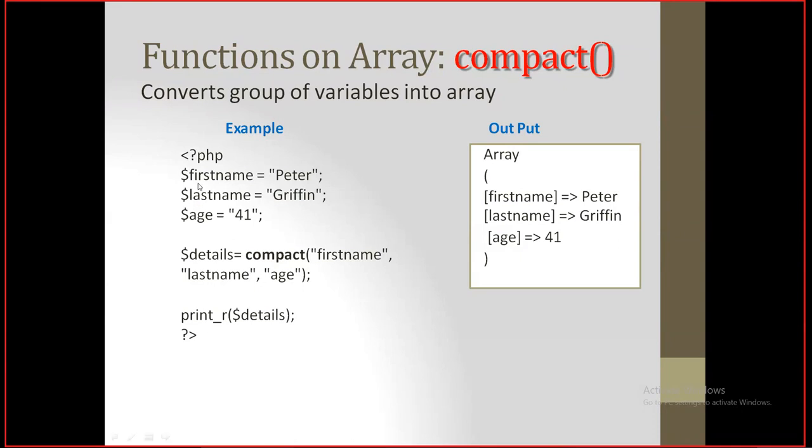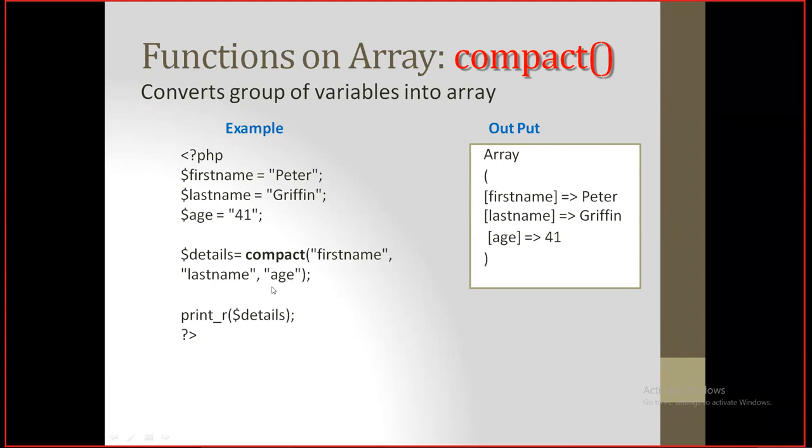In the example, you can see we have three variables: first name with the value Peter, last name with the value Griffin, and age with the value 41.